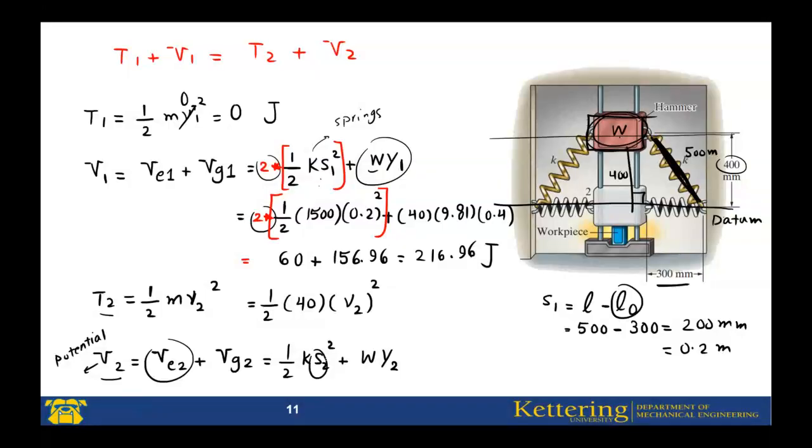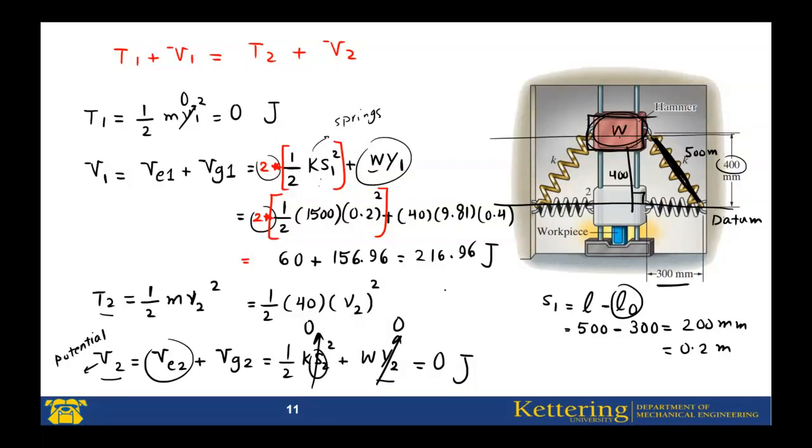Now, how much is S2? 0, right? Because it is unstretched at this position, S2 is 0. How much is Y2? 0. Also, this is 0. This is also equal to 0 joule.